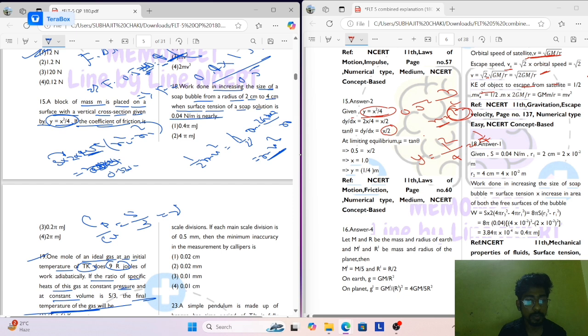So 0.32 pi. R2 square minus r1 square means 16 minus 4, which means 12, into 10 to the power minus 4.